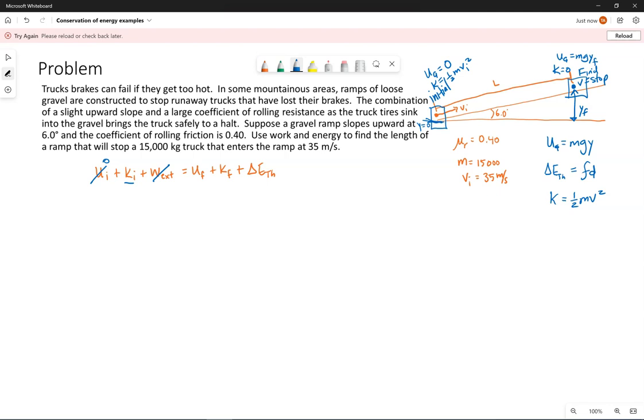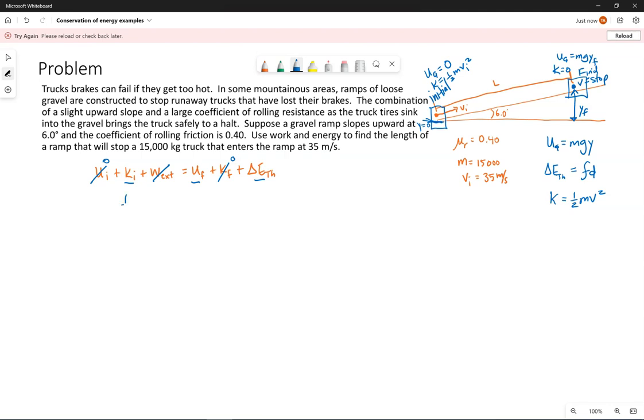The only other force that we would have on the truck would be the normal force, but the normal force is perpendicular to the motion, therefore it does not do any work. Finally, we will have that gravitational potential energy. The truck is not moving, so there will not be kinetic energy, but there will be some thermal energy that has been generated because of the rolling of the tires through the gravel.